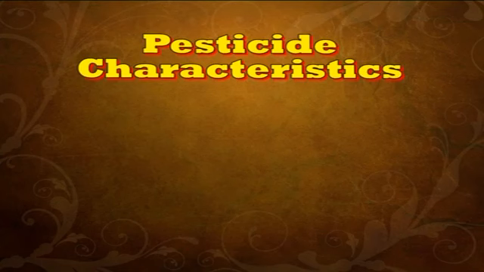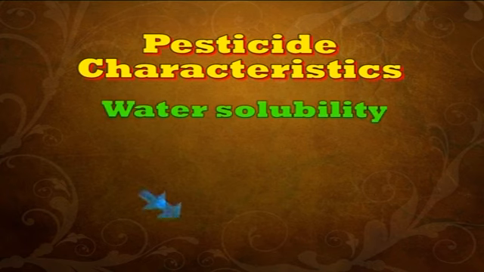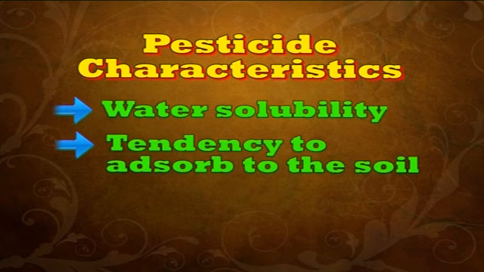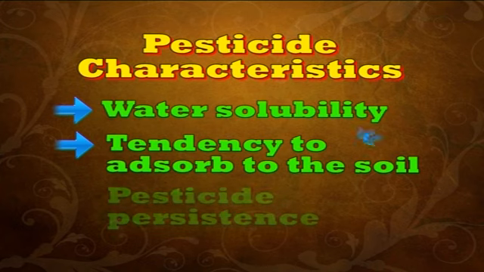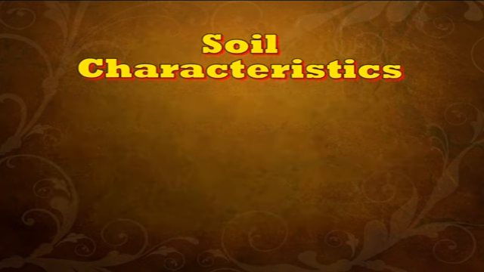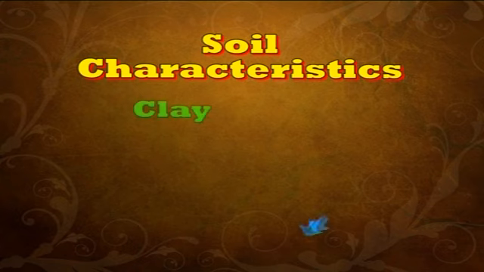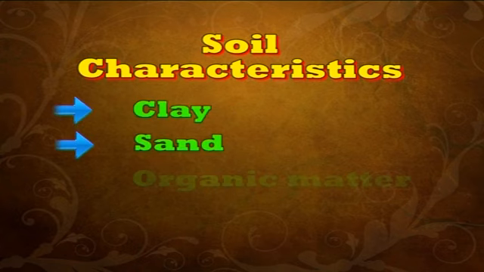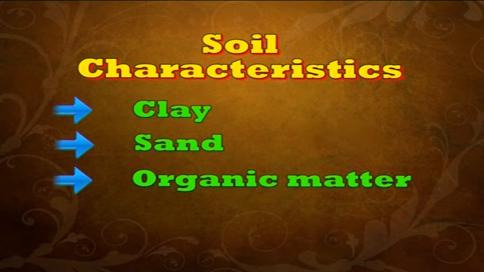Pesticide characteristics like water solubility, tendency to adsorb to the soil and pesticide persistence, and soil characteristics like clay, sand and organic matter are important in determining the fate of the chemicals in the environment.